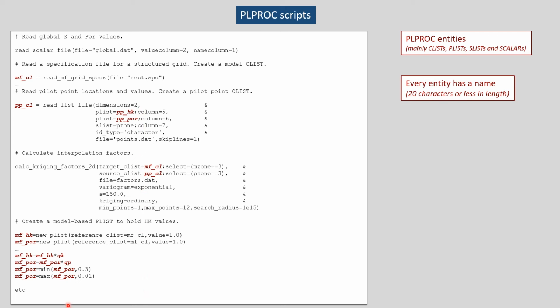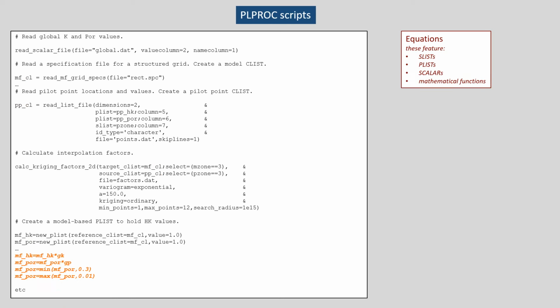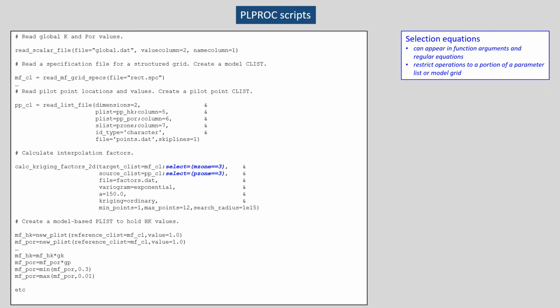They can also feature in equations for which arbitrary mathematical manipulation can be performed between the objects which PLPROC uses. Special equations can feature in its function calls. These allow the operation of the function to be restricted to certain segments, certain parts of the entities which feature in those functions.